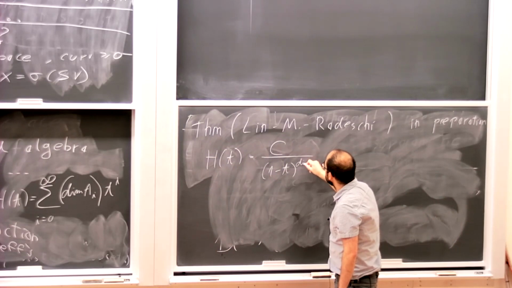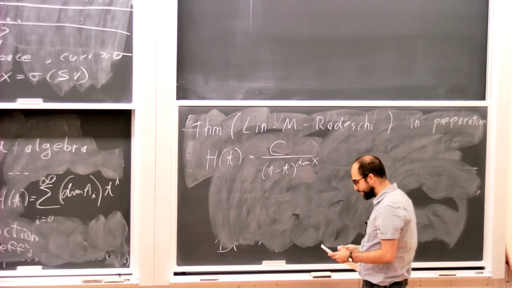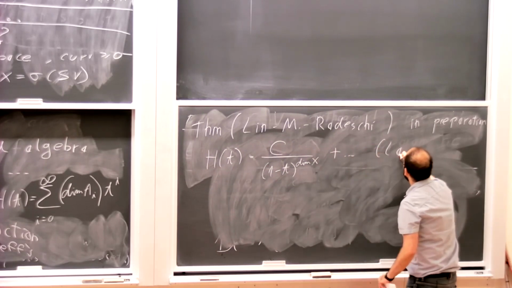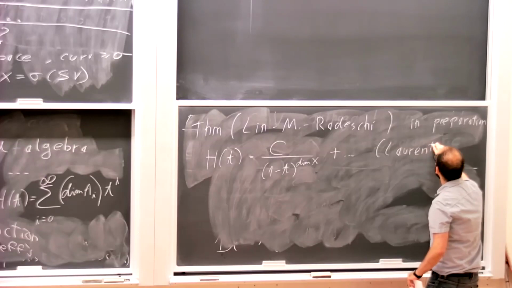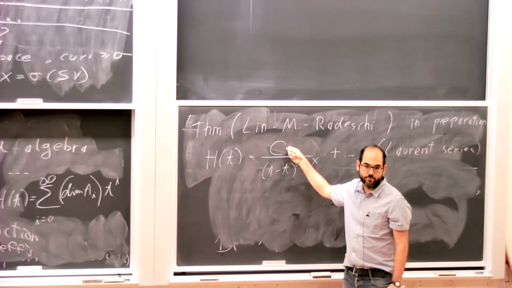The first one is actually the dimension of the quotient, dimension of X. And then there's the rest of it. So if you take this Laurent series here, then this coefficient here encodes the volume.